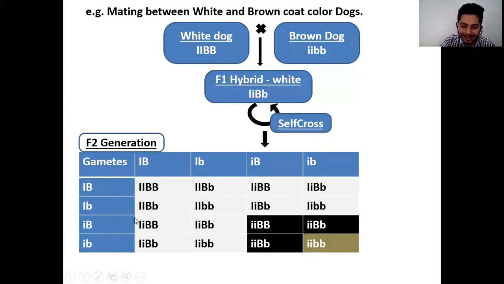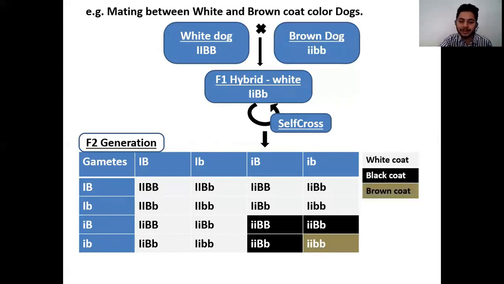But now here you see that the ratios that you'll obtain are slightly different from your typical 9:3:3:1 ratio that you observe in your Mendelian dihybrid cross. There you had obtained 4 different phenotypes, but here you obtain only 3 different phenotypes. So let us see how these 3 different phenotypes are observed.